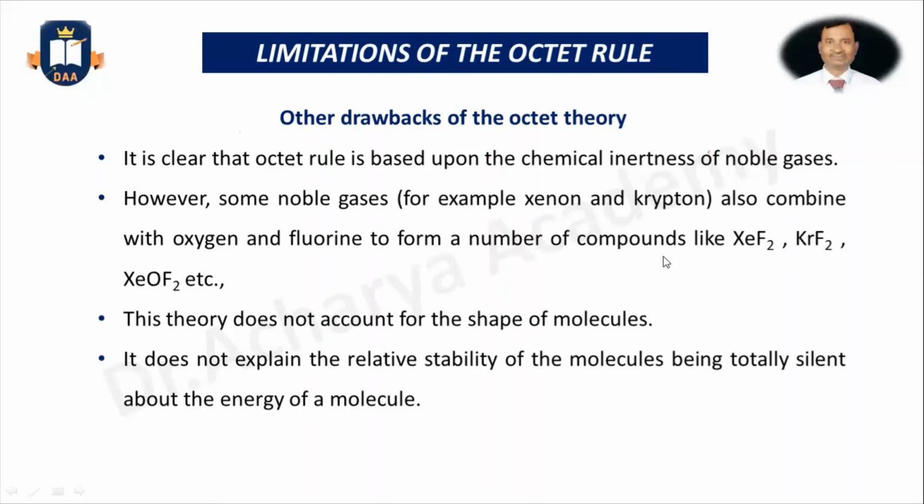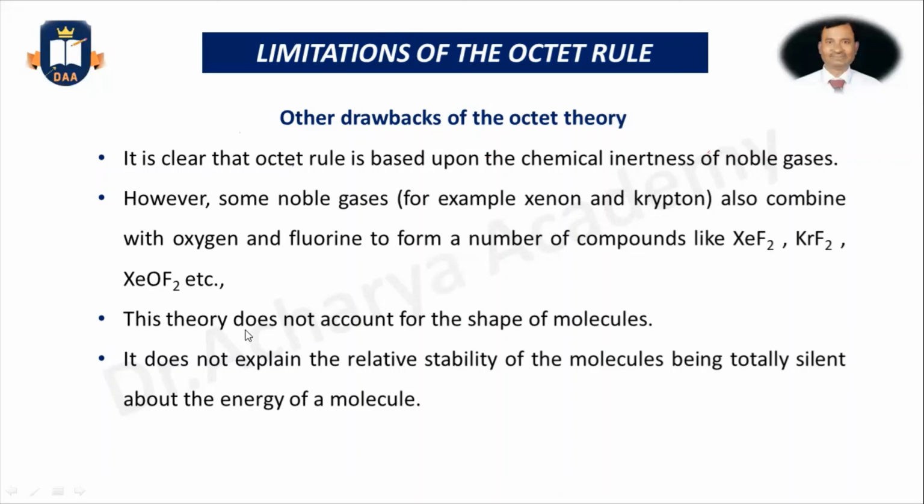And this is another drawback of the octet theory, as for example XeF2, KrF2, XeOF2, etc. That means generally noble gases do not form any chemical compounds because these atoms already have 8 electrons, but there is some deviation, which is the drawback of the octet theory.